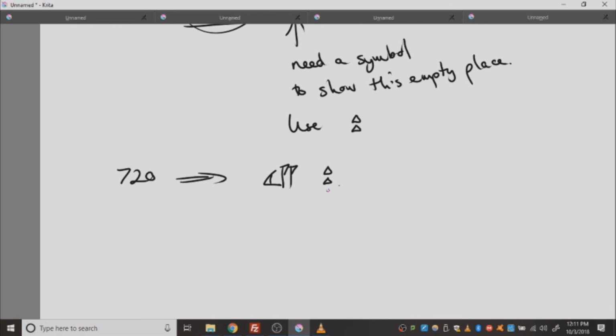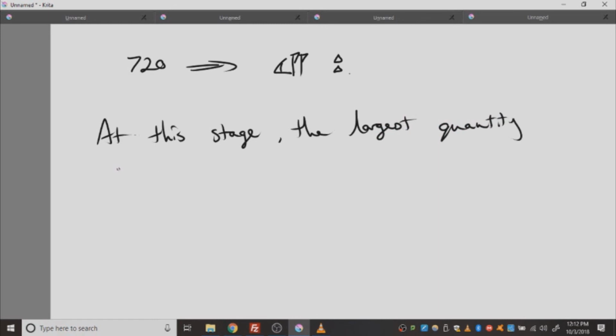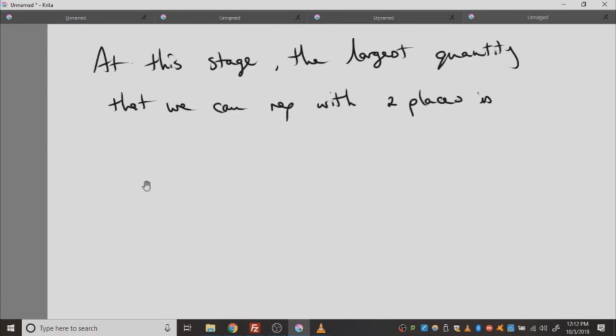Yes? Let's say it was 72,000, like an extra 0. One thing at a time. Those are larger numbers. So at this stage, the largest quantity that we can represent with 2 places is 59 and 59.